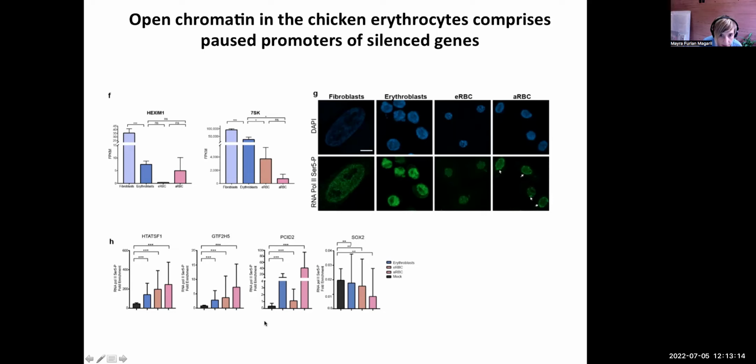And as you can see here, for instance, for these 3 genes, which basically have an accessibility peak at their promoter but are not being transcribed in red blood cells, you can see how indeed the signal in the red blood cells is pretty abundant, so that indeed this promoter seems occupied by RNA Pol II, and this is just a negative control.